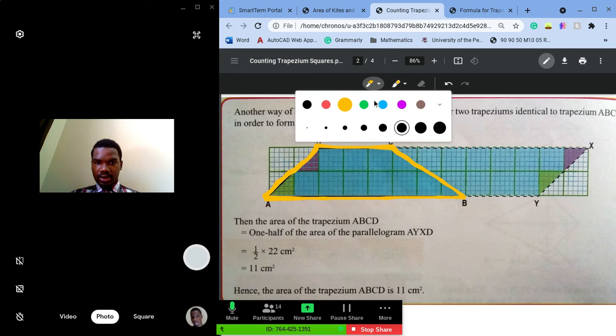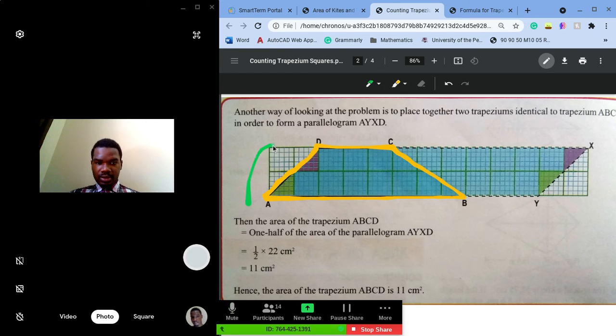Let me use another color. We flipped this trapezium on its back and created another one that went from B to A. So that means you'd have to minus. Yes. Minus half of it. So divided by 2. Yes, basically.